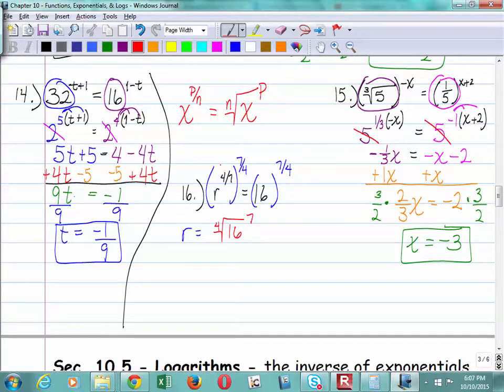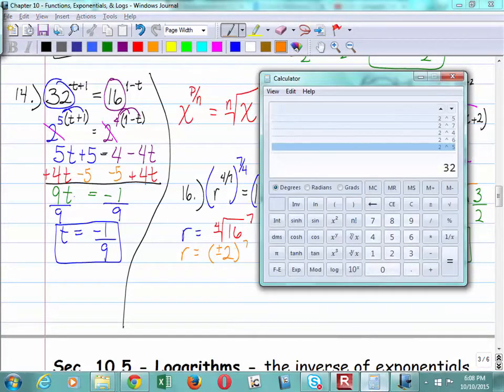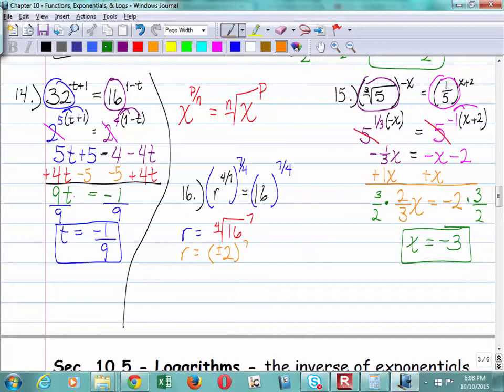And I know that 2 to the 4th power is 16, but also negative 2 to the 4th power could also be positive 16. So this is going to be r equals plus or minus 2 to the power of 7, and then 2 to the power of 7 is equal to 128. So basically r is equal to plus or minus 128.